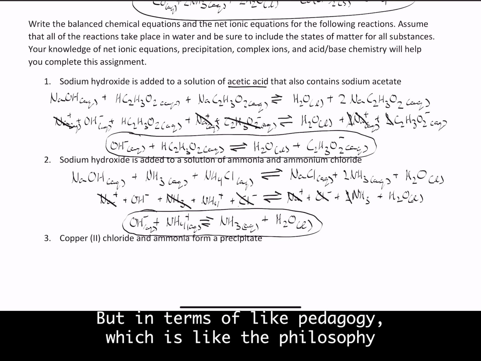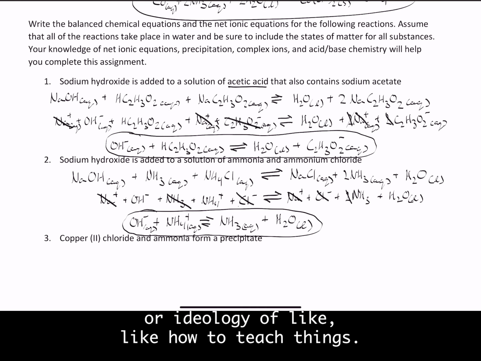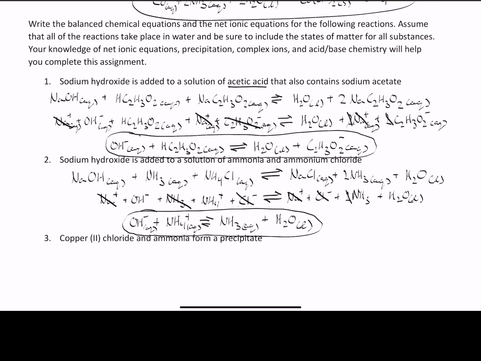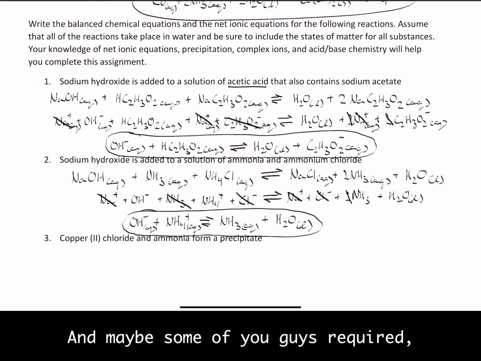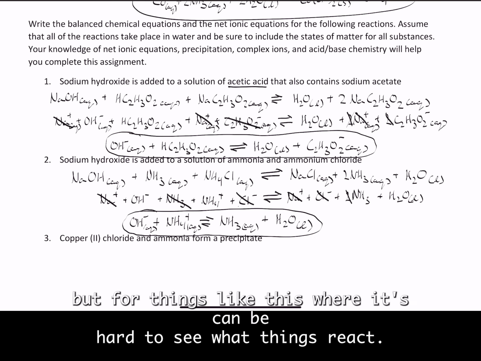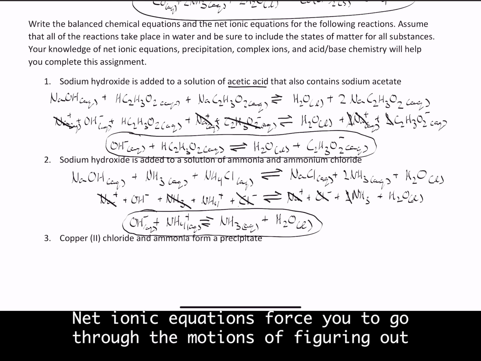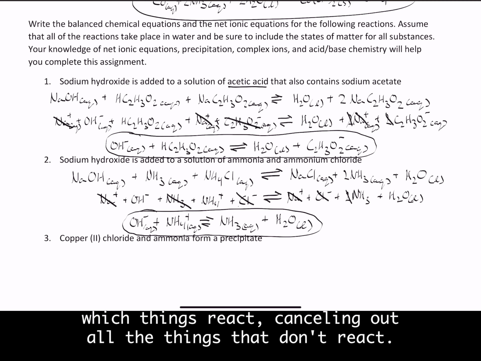But in terms of pedagogy, which is the philosophy of how to teach things, for things like this where it can be hard to see what things react, net ionic equations force you to go through the motions of figuring out which things react, canceling out all the things that don't react.